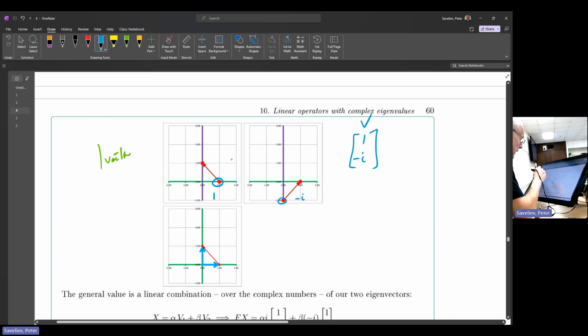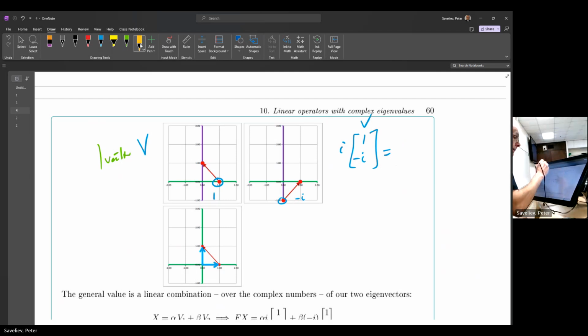That's my v, and then I multiply it by i. What happens? The first one will be i, and the second: multiply i by negative i, which gives 1, right? So indeed, as you can see, our vector was 1, negative i, and it has become i, 1.